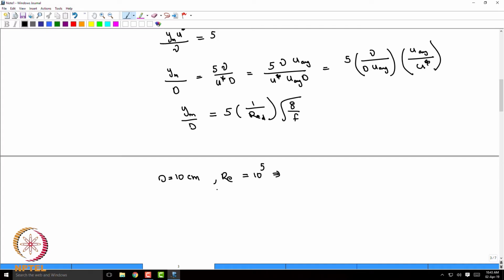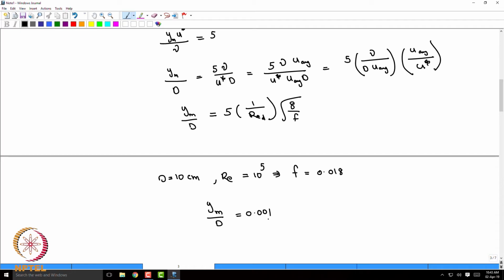Okay, so a Reynolds number of 10 raised to 5 can give you a friction factor 0.018, and therefore you must be able to substitute and calculate what is y m. Okay, so y m by d comes out to be 0.001.